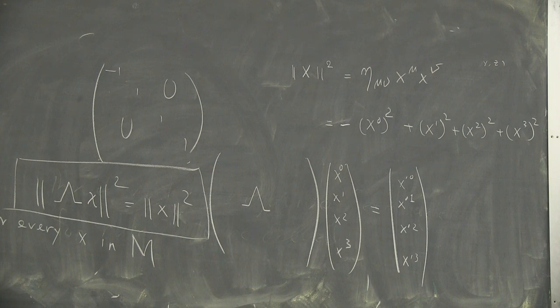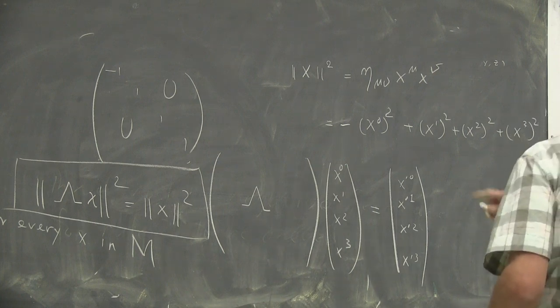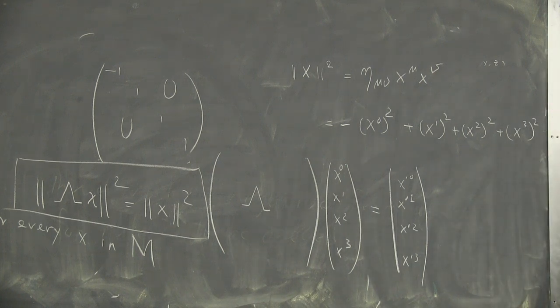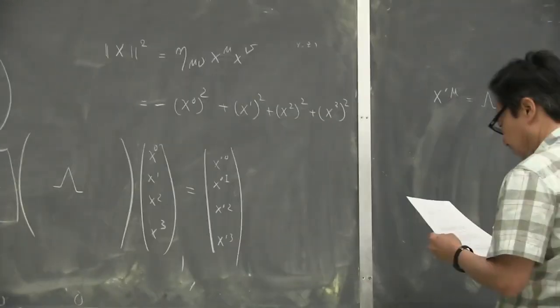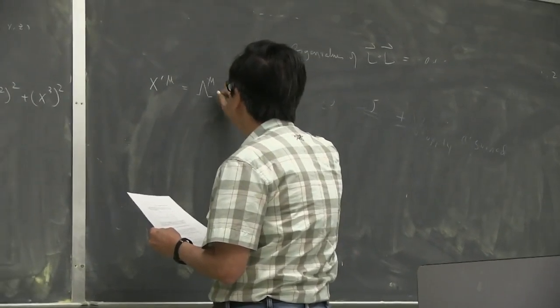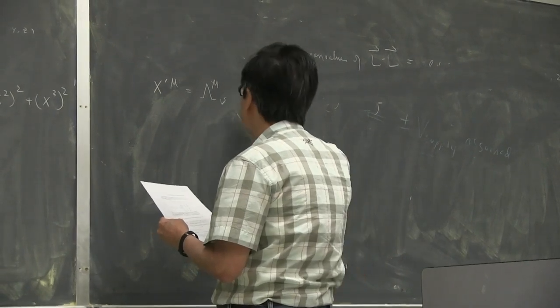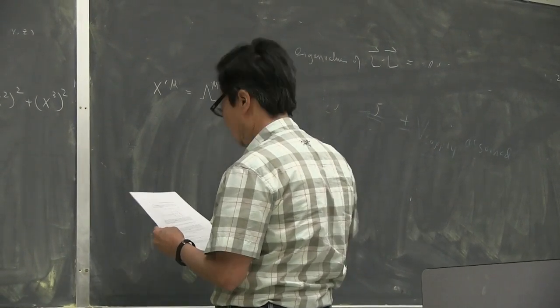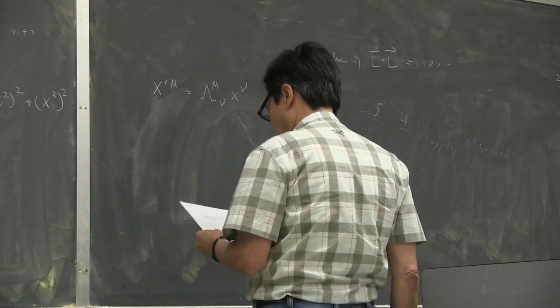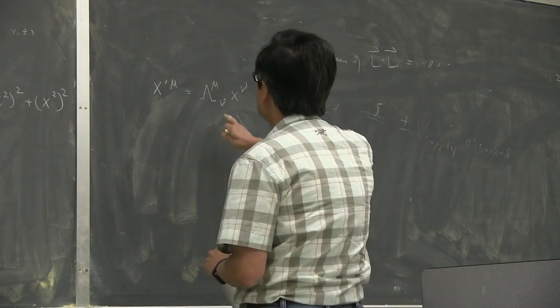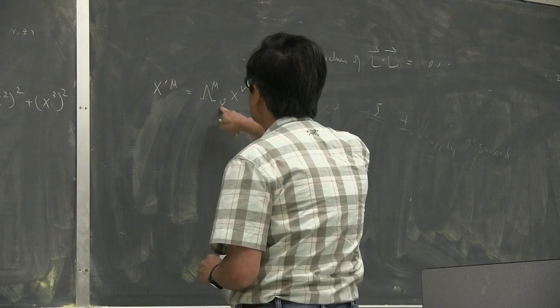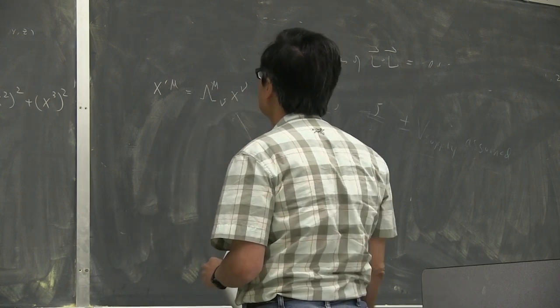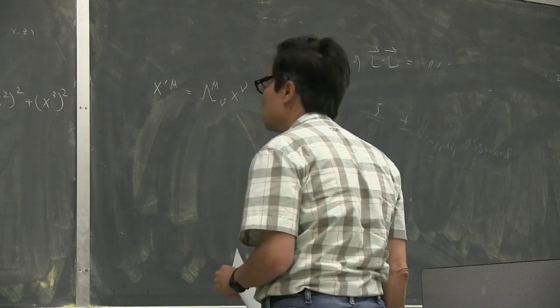Now, first of all, I'm going to write this transformation in terms of components, which is something we've done all the time. So, in fact, x prime mu I'm going to write as lambda mu nu x nu, where the nu is summed over. And again, I'm going to use a convention where the bottom index is a row index and the top index is the column index of the matrix.